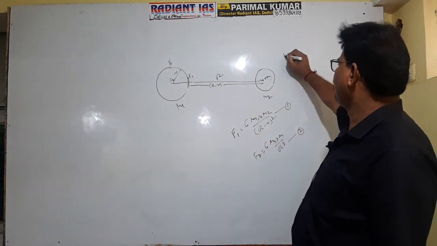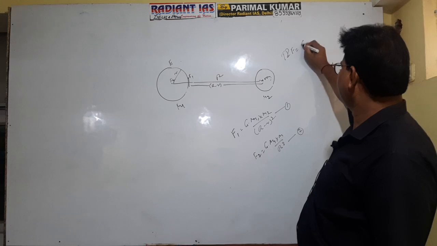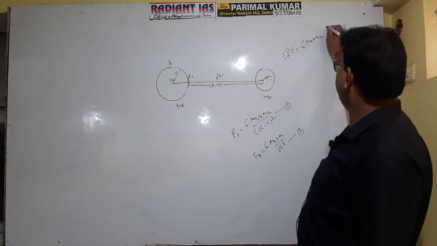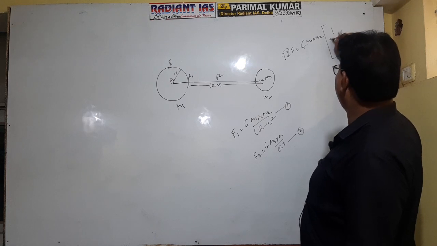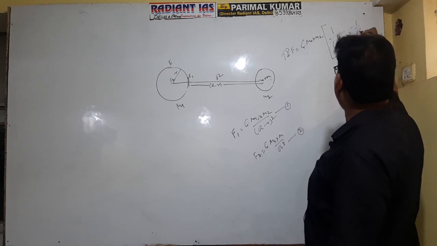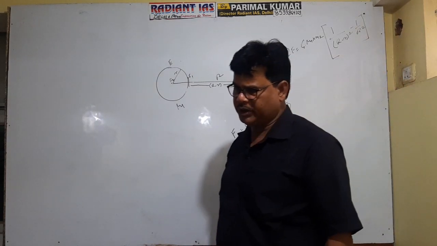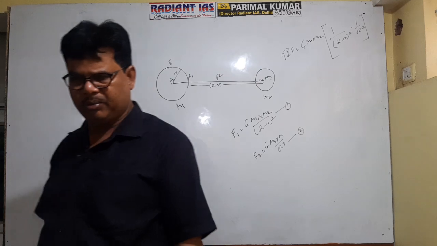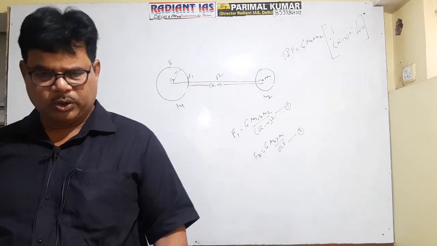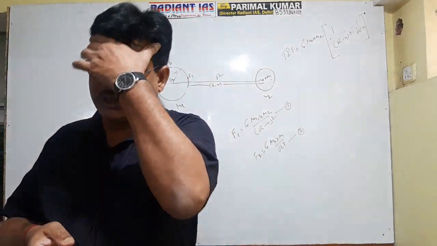It means the tide producing force is equal to G into m1 into m2, into 1 upon R minus r square minus 1 upon R square. This is the mathematical explanation of the tide producing force exerted by the moon on the earth's surface. It is clear how it is calculated and what the basic theme of this theory is.